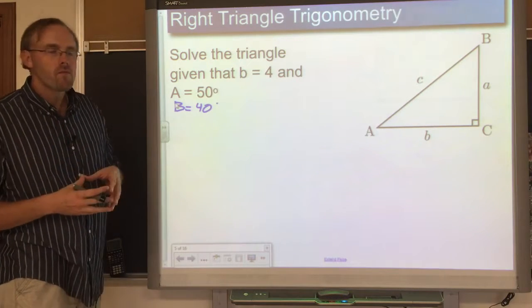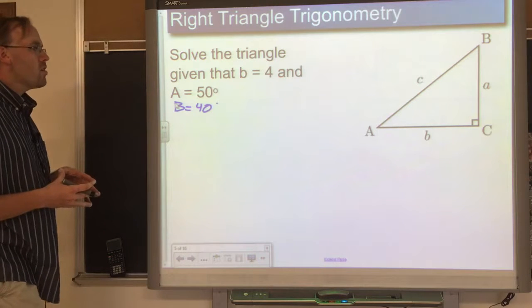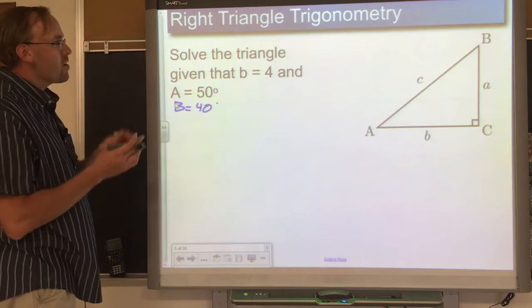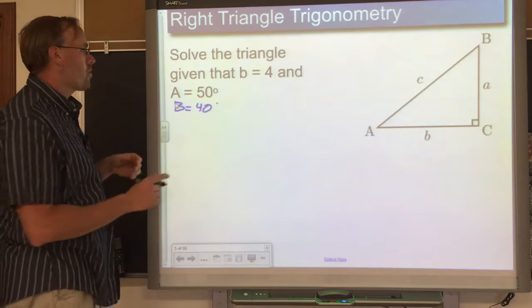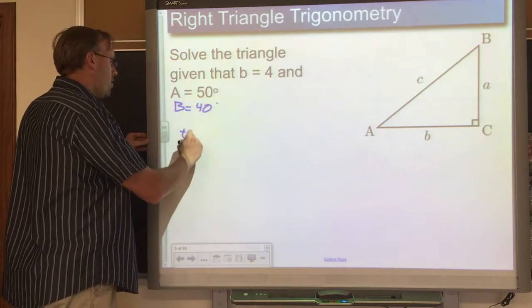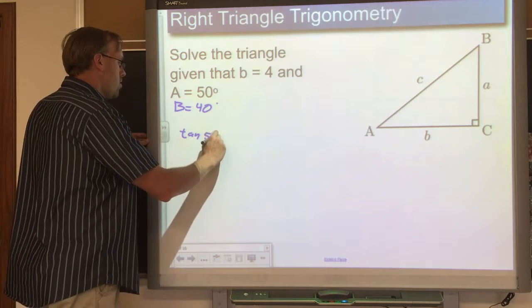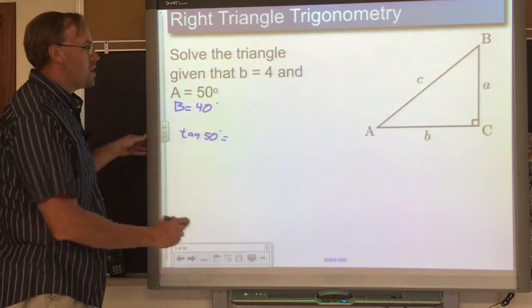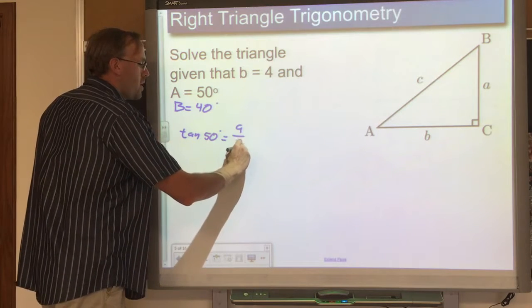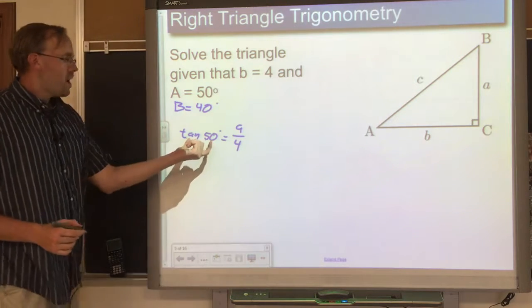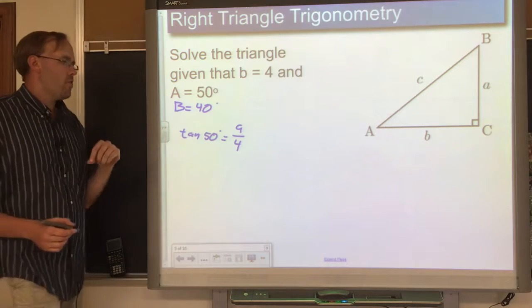So now what? Well, we can use the fact that trig ratios compare different side lengths. So tangent of 50 degrees, that's A, is going to equal A over B. Or instead of B, I'm going to put 4. Now the calculator has this number stored.